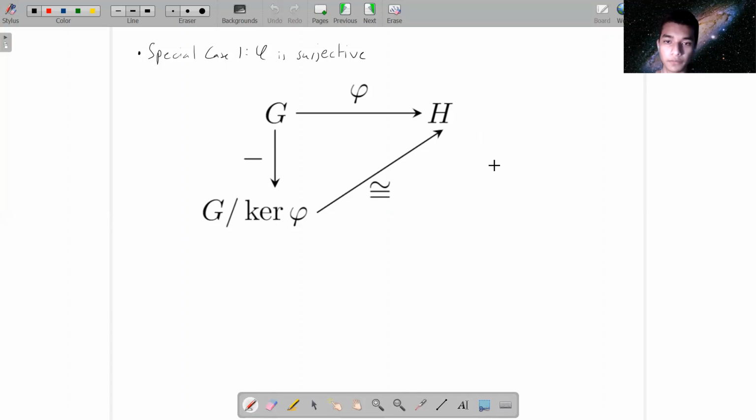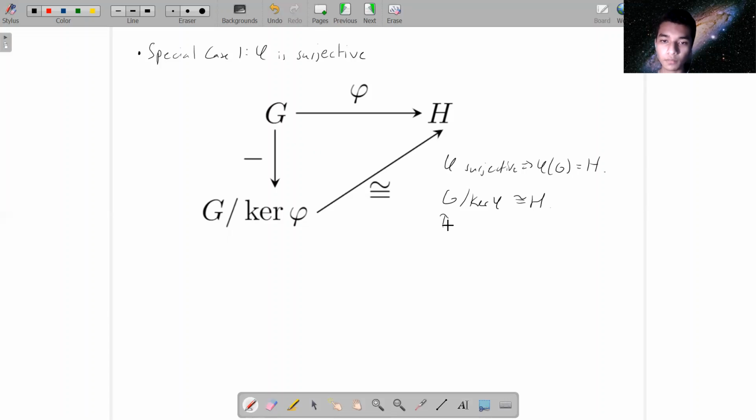Well, if phi is surjective, this just means that phi of G is precisely H. So what this tells us is that G mod the kernel of phi is isomorphic to H. And this is super useful when we're trying to show that a factor group is isomorphic to another group. The big idea is to find this relationship.